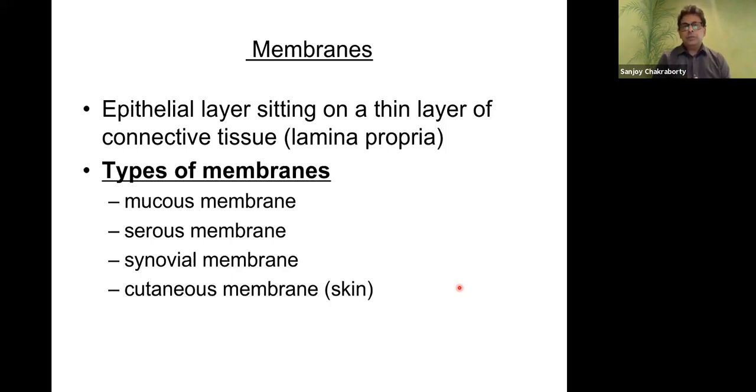Serous membrane. You are supposed to know this from chapter 1: serous membrane is the membrane that covers the ventral cavities. Pay attention. It is a very thin membrane that covers the ventral cavities. Remember the ventral cavities?